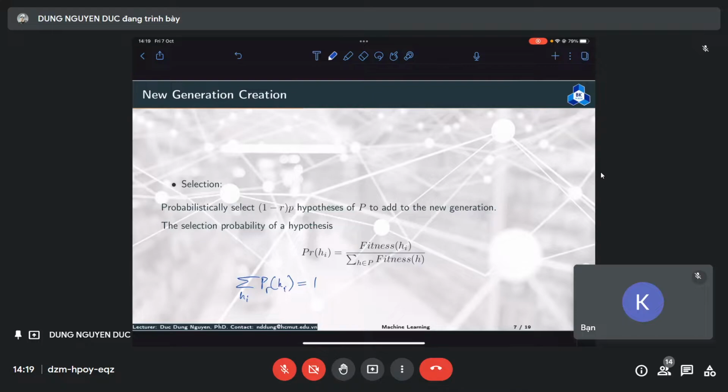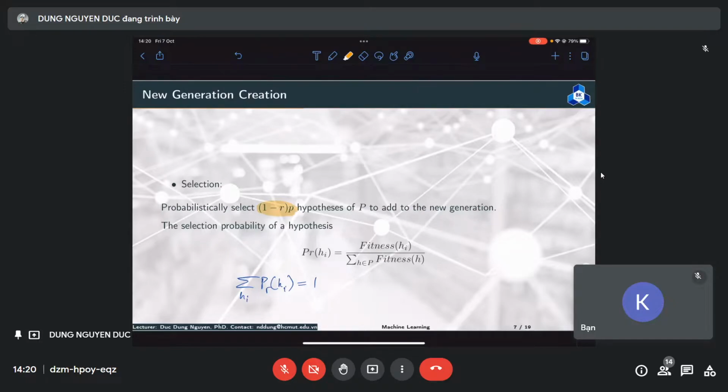So an individual with high fitness will have a higher chance to be selected in the next generation. That's the fact. And you are going to select not every hypothesis, but (1 minus r)p hypotheses here. So what is r? r is something you may want to be concerned with. You may discard a few individuals.